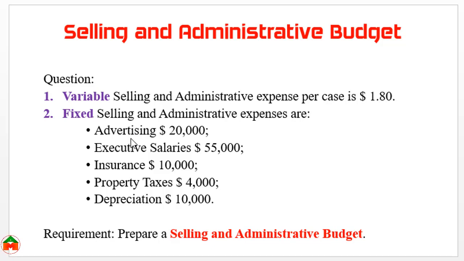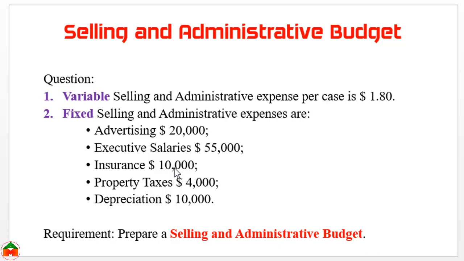If you need to prepare a separate budget for advertising by the marketing manager, then you can do it, but the total amount of advertising should be shown in the selling and administrative expense budget under fixed selling and administrative expense. In the same way, if you need to prepare a separate budget for any other fixed selling and administrative expense, you can do it by the respective managers of the respective branch.